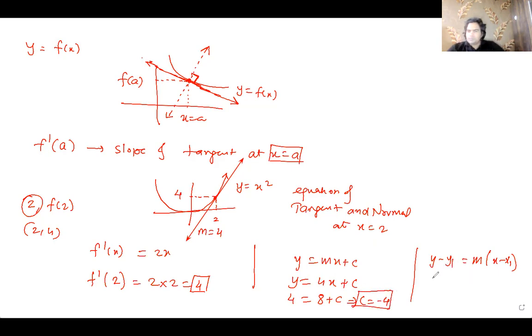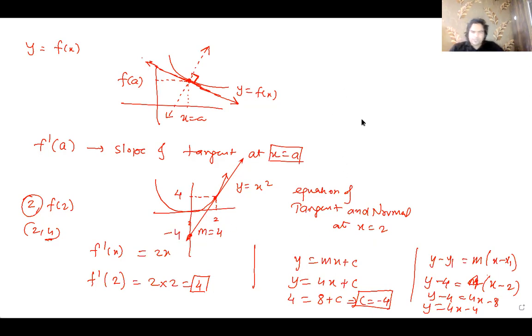And you could use this one. So y minus y1, y1 is nothing but 4. So y minus 4 equals m, which is 4 again, times x minus x1, which is 2. If we simplify this, we get y minus 4 equals 4x minus 8. We get y equals 4x minus 4. So that's the equation of tangent, which you can see approximately cuts here at negative 4.